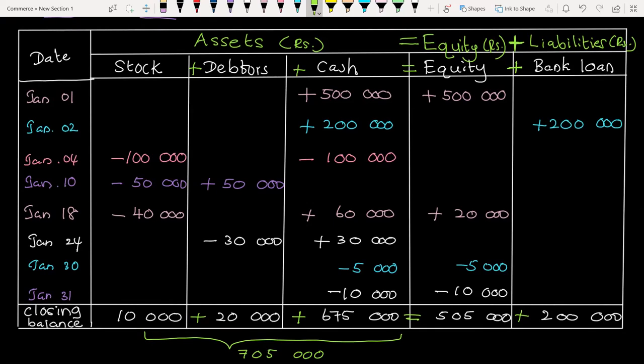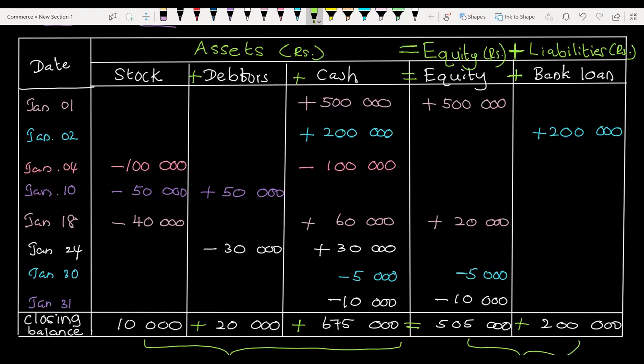So we have 705,000 on our left hand side. What about the right side? Let's find out the sum of the values on the right side. 505,000 plus 200,000. It's again 705,000. So our accounting equation balances.